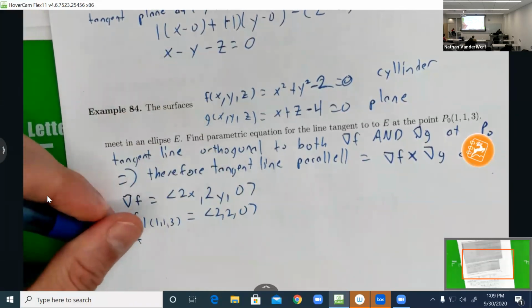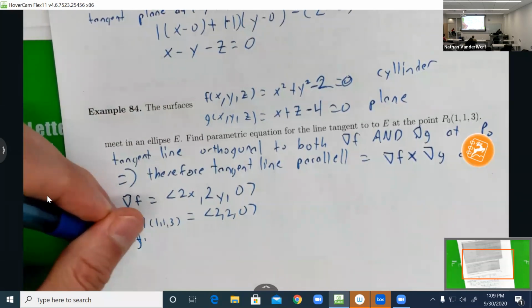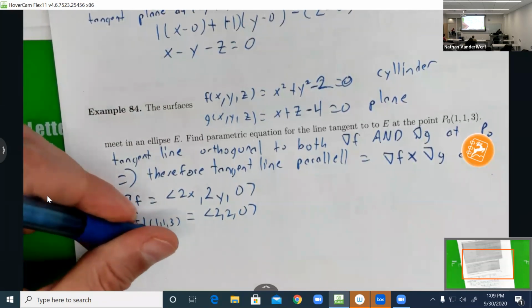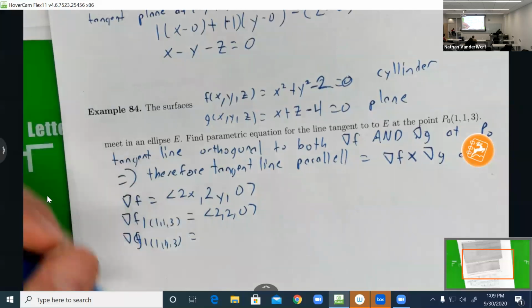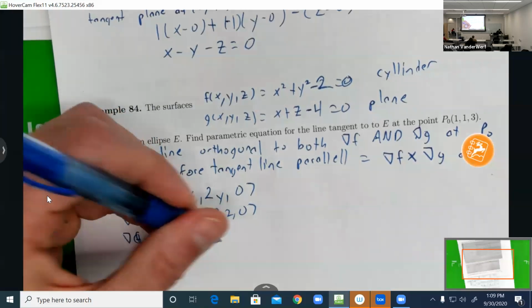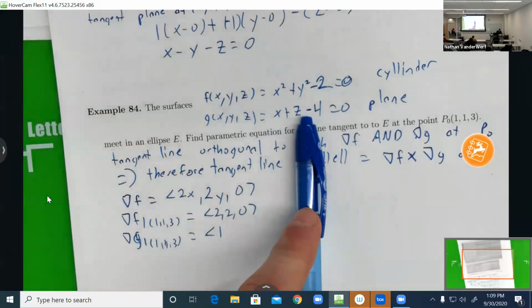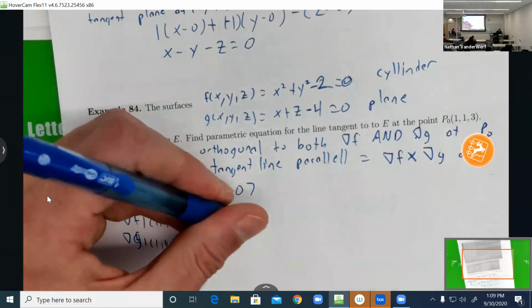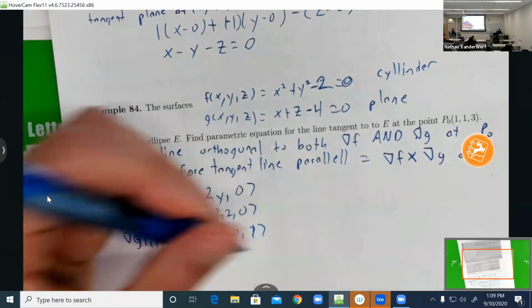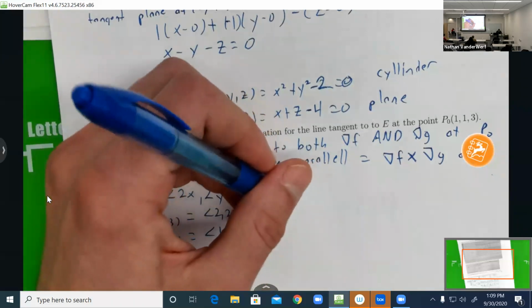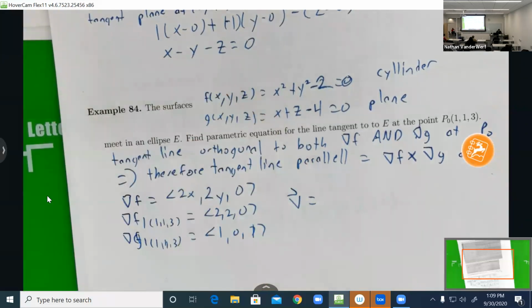The gradient of g is just going to be the same everywhere, the normal vector, which is (1, 0, 1), because it's 1x, then 0y, and 1z.